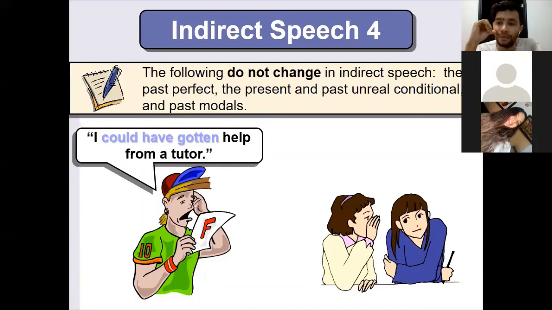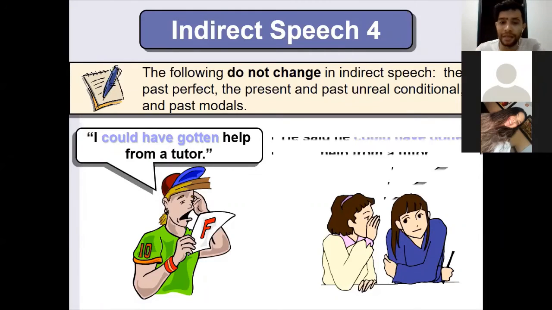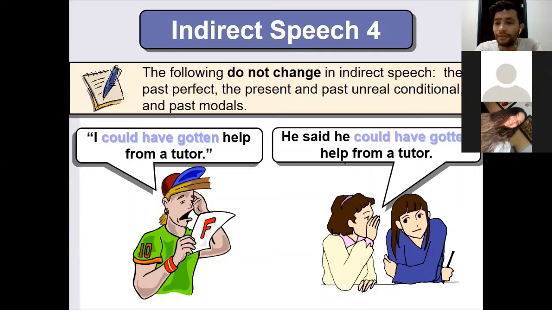How do you think it could be? He said that he could have gotten help from a tutor. Excellent, miss. He said he could have gotten help from a tutor, right? Excellent. Great.